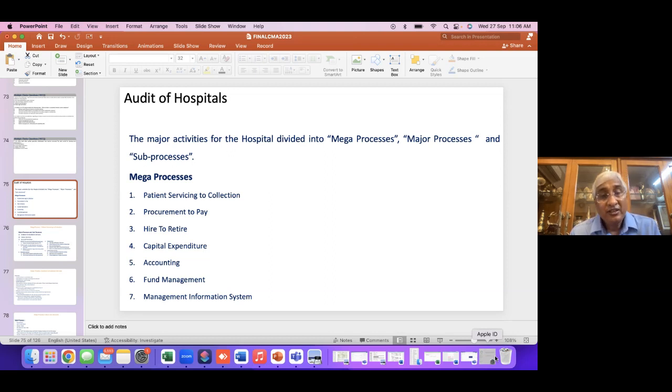Next point is accounting. So accounting is a normal process which is for each and every industry. But here in hospital, the accounting is again something which is a bit different from the industry perspective. Why is it different? Because in patient servicing, some of the patients are getting paid through insurance company. Some of the patients pay directly.